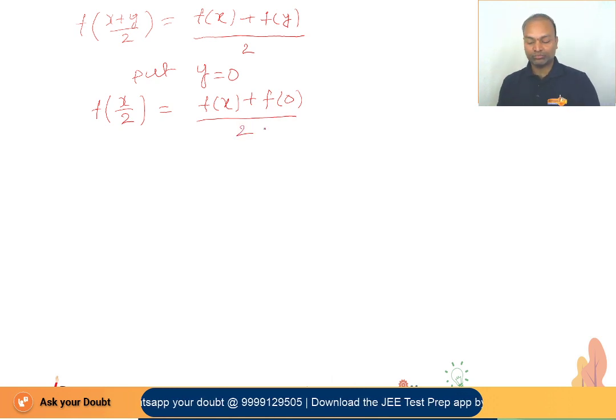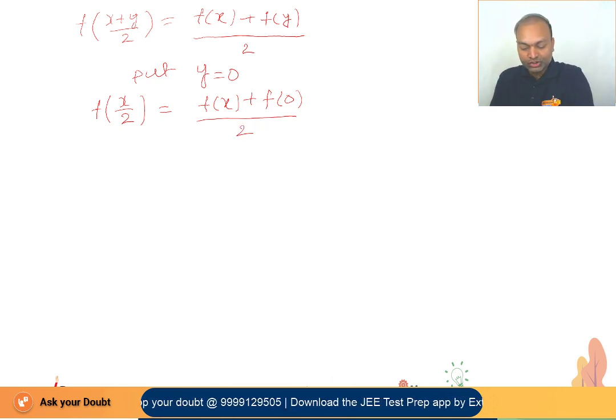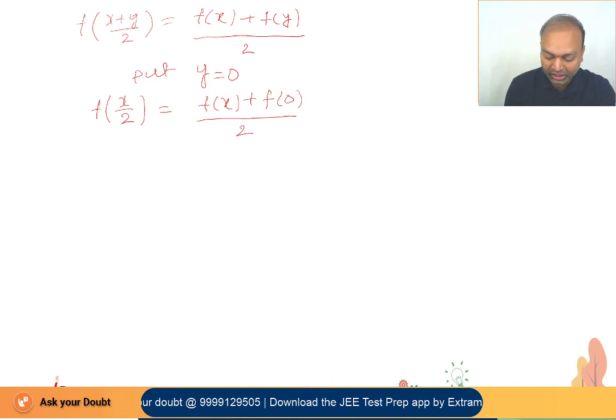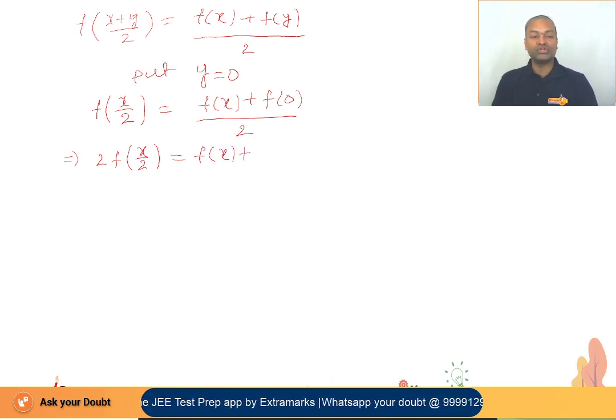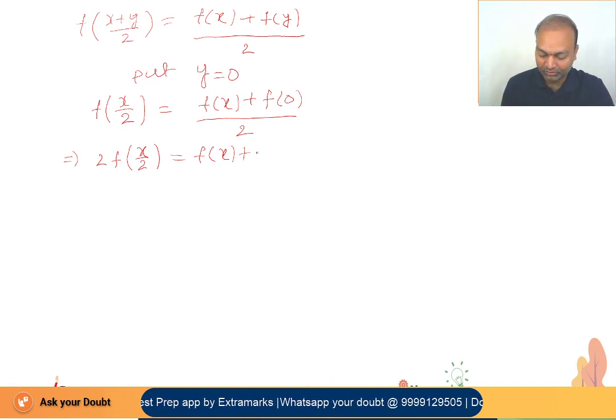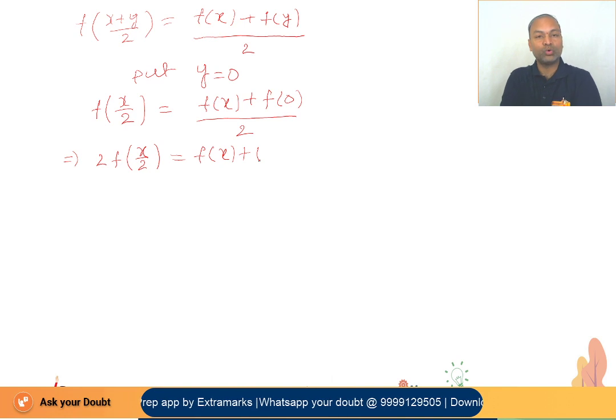Correct or not? Next, this 2 shift this side. 2 times f of x by 2 is equal to f of x plus f of 0. What about the f of 0 value? f of 0 is 1.